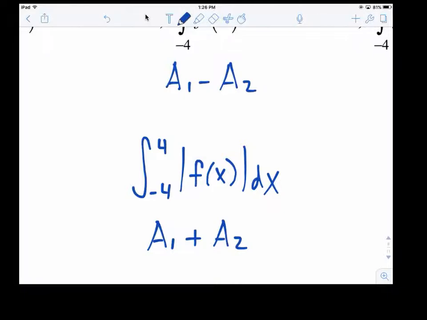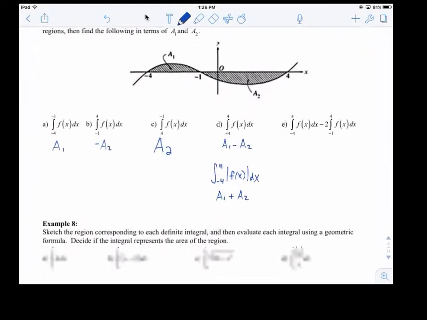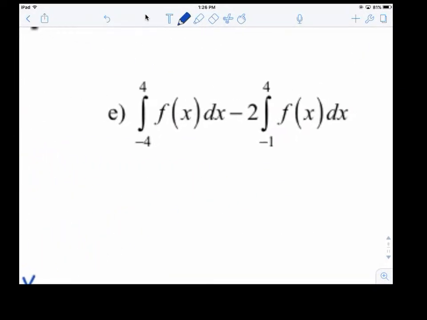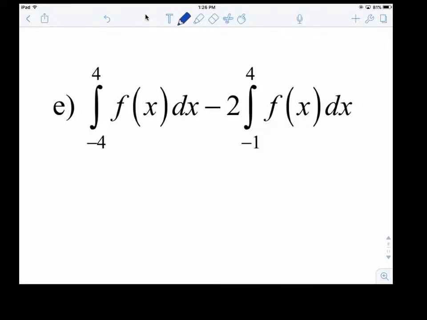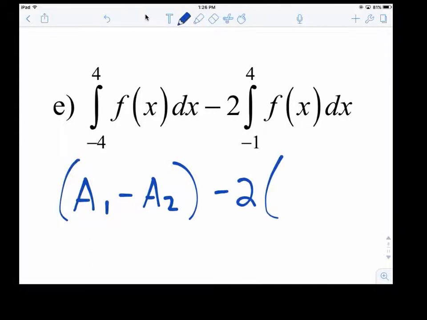But now if I attach those absolute value signs, it's now going to be positive. And the last one, from -4 to 4, was A1 minus A2. Now, what is it from -1 to 4? Negative A2.